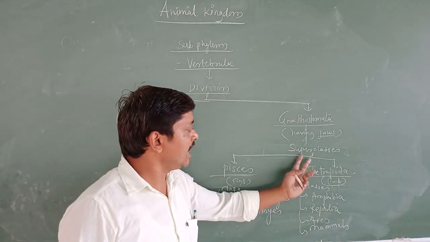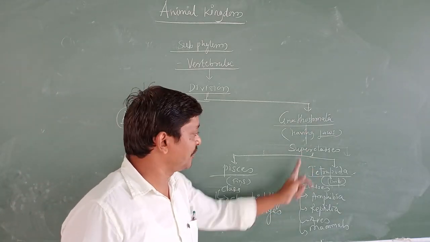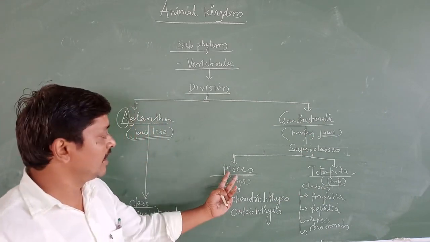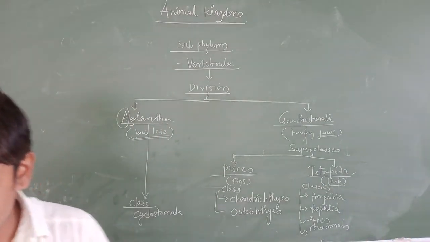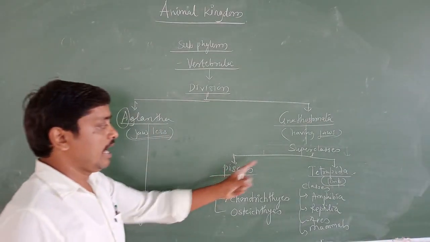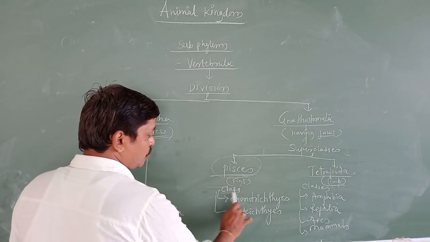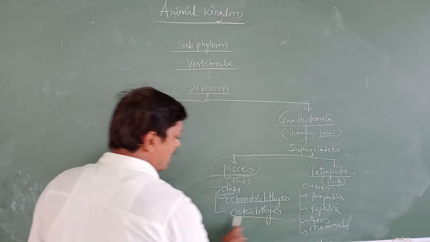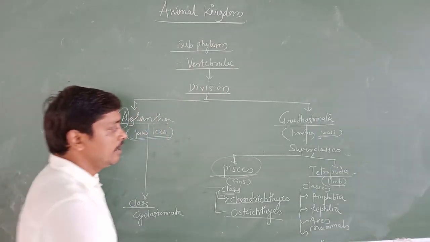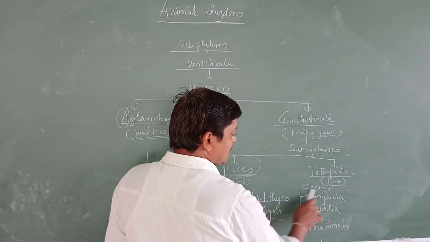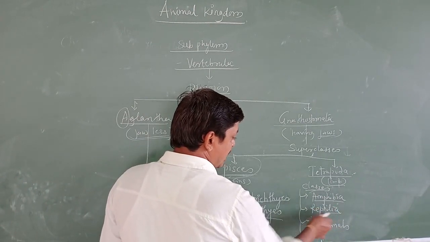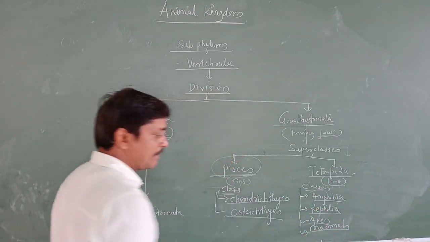The Gnathostomata is divided into two superclasses. One is superclass Pisces, P-I-S-C-E-S, and superclass Tetrapoda. Superclass Pisces has two classes, chondric fish and ostick fish. Superclass Tetrapoda has four classes: amphibia, reptilia, aves, and mammalia.